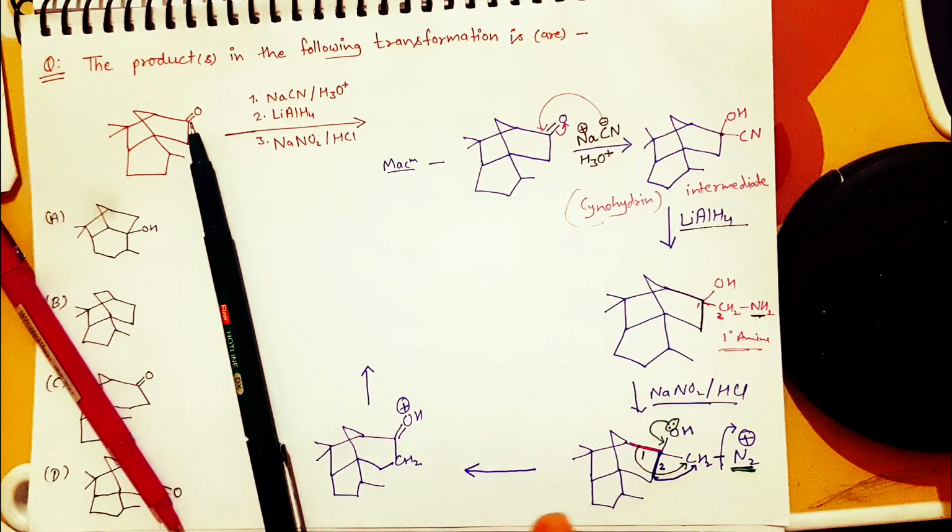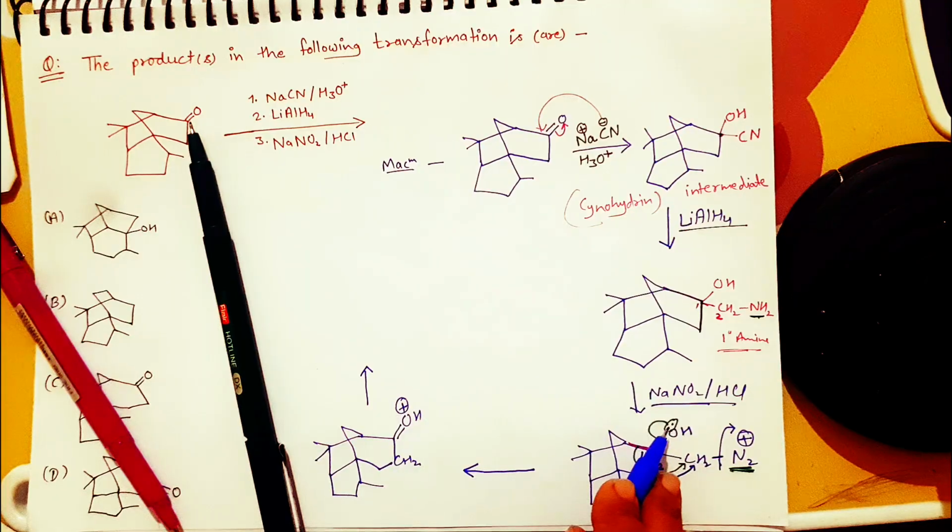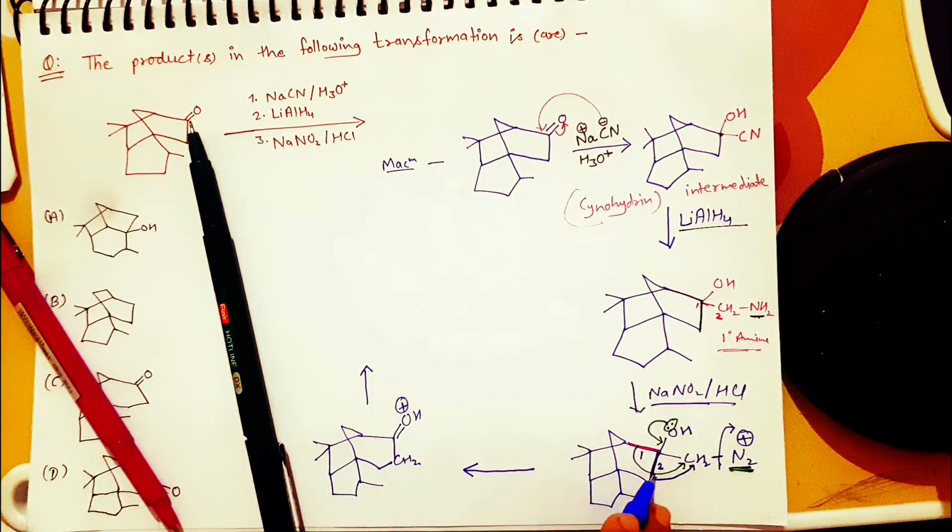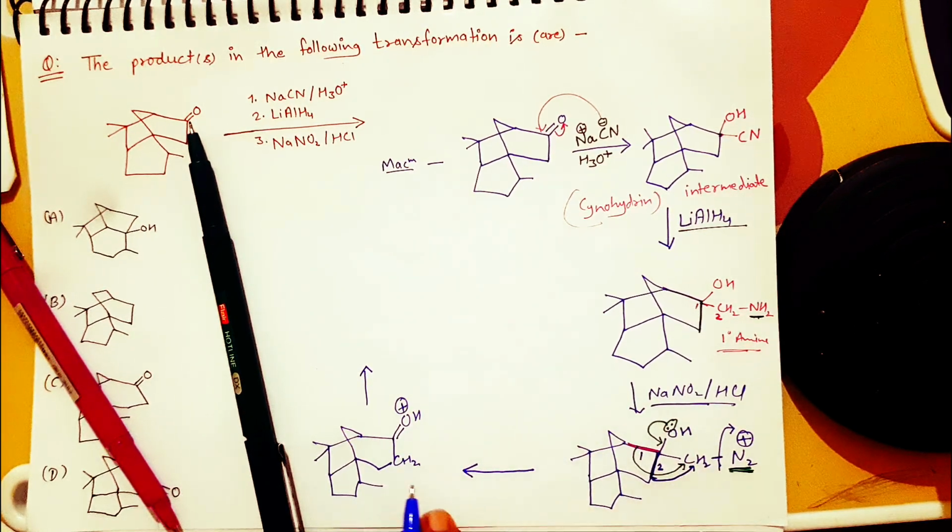After the third step, the oxygen electrons shift onto this carbon oxygen bond and form a double bond, and here this C2 carbon bond migrates to this carbon atom. So here what do we get?